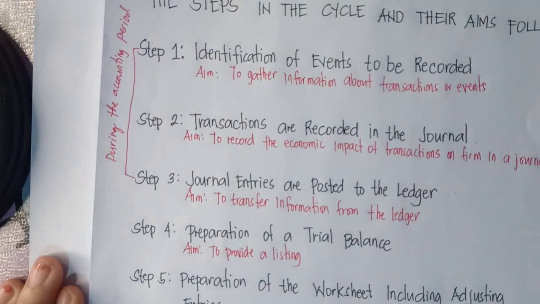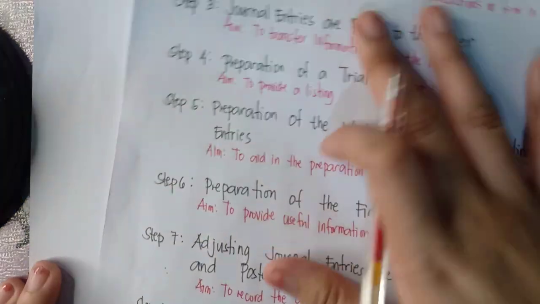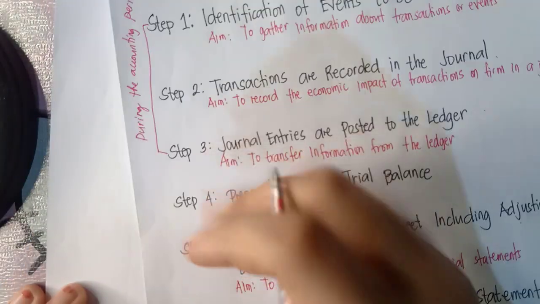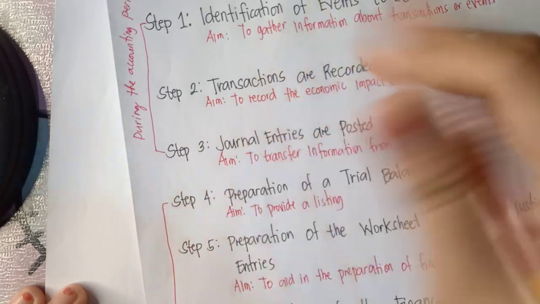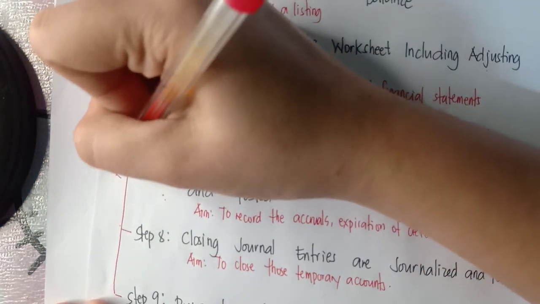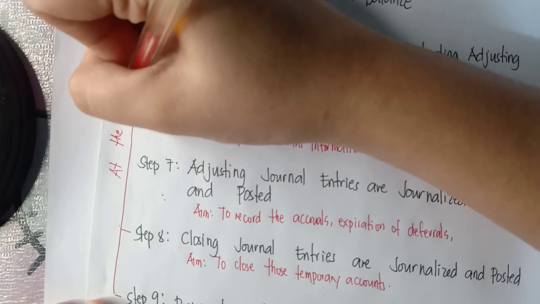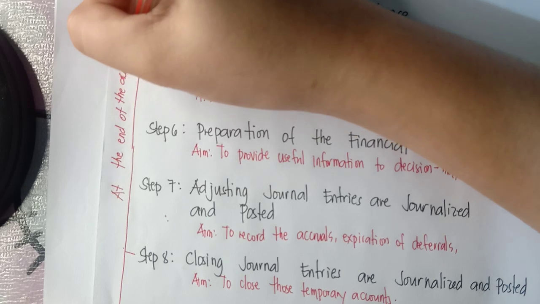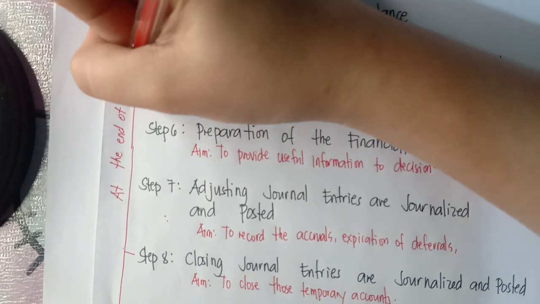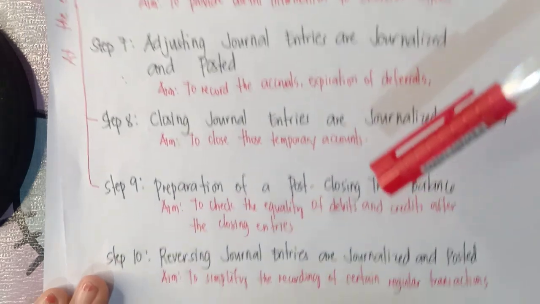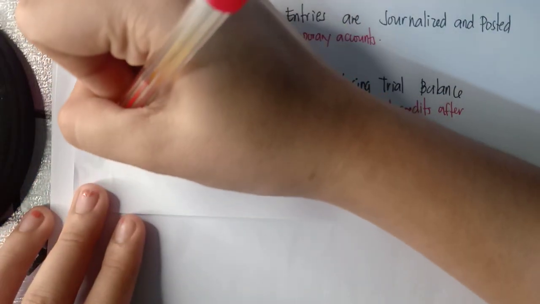Next, we have step 4 to step 9, at the end of the accounting period. Then next, step 10 is at the start of the next period.